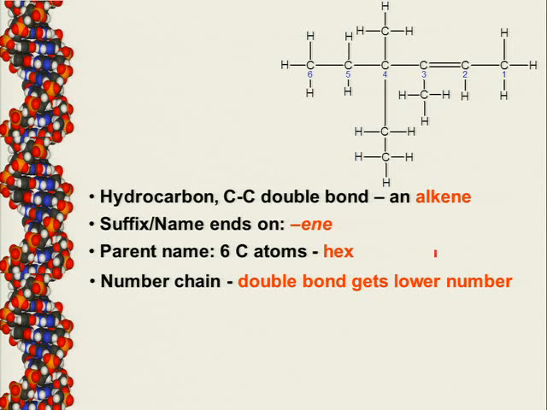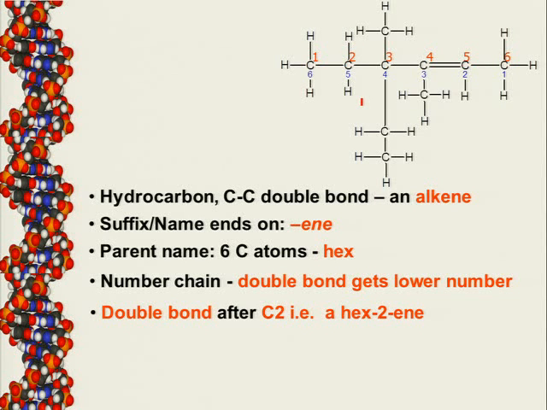With the other numbering, it would be after carbon number 4, so that one would be incorrect. So I'm going to take the double bond after carbon number 2, and the parent name will be hex-2-ene.